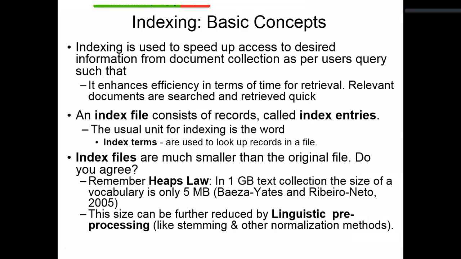And there is even a law called Heaps' law. After conducting experiments on English textual documents, they found that in a 1 GB text collection, there is only a 5 megabyte vocabulary, meaning distinct words.